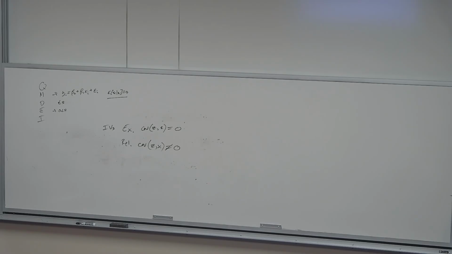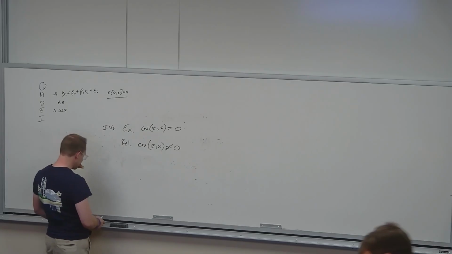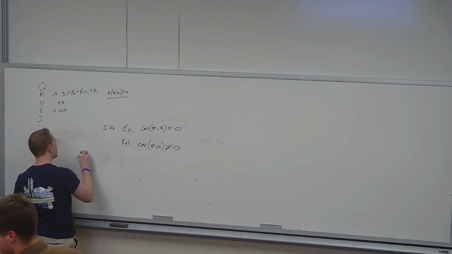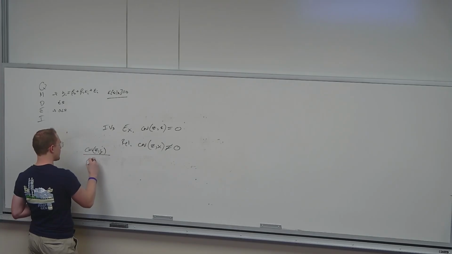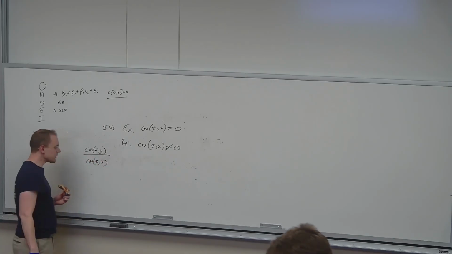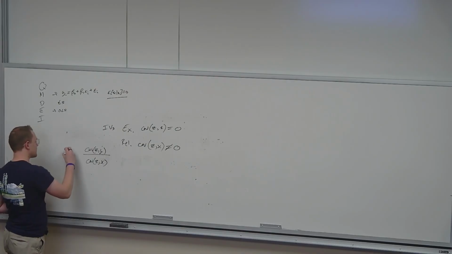To my knowledge, the only proof or derivation that Dr. Franson has done since the last midterm is IV consistency. And that's a pretty straightforward proof. You have your covariance of Z and Y over your covariance of Z and X. That's your beta hat 1 IV.